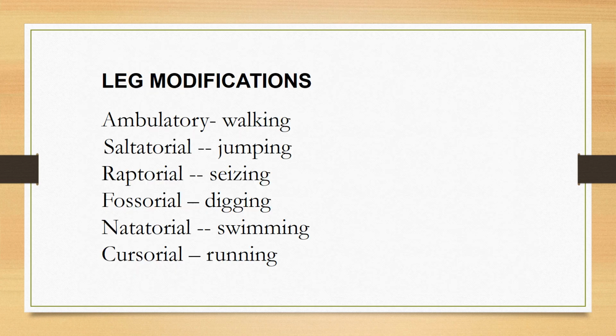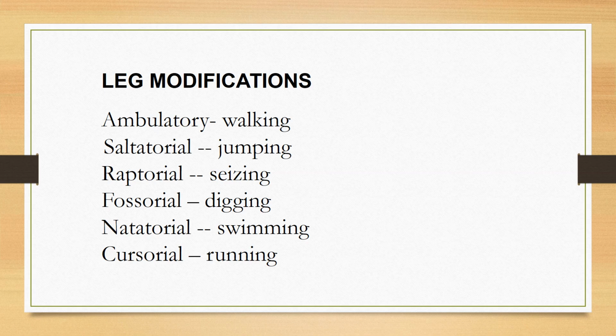Then we can see the modifications of legs in different insects according to their need and function. The first one is ambulatory legs, which are used for walking. Saltatorial legs are used for jumping, mainly the hind legs of grasshoppers and crickets.